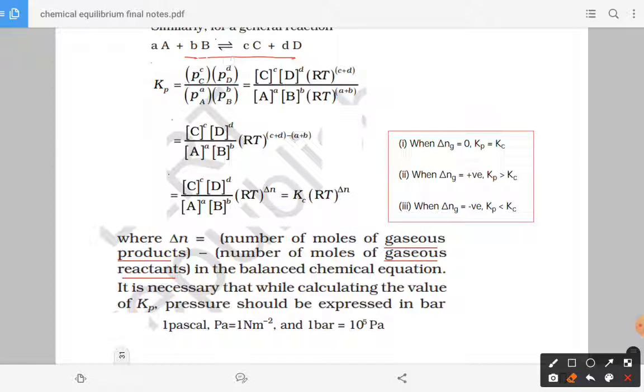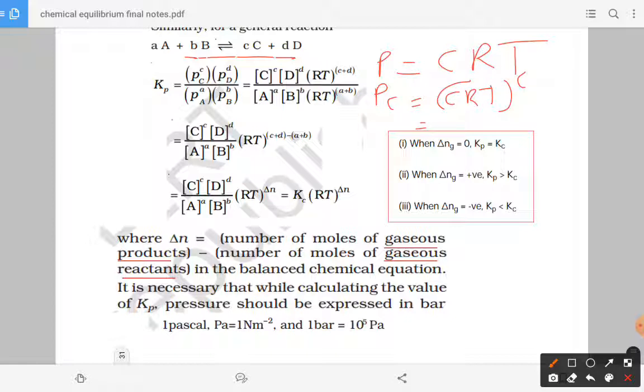Again, if you substitute the value according to the relation, P equals molar concentration into RT, you are going to get this. So the partial pressure of C means the molar concentration of C into RT, raised to c.